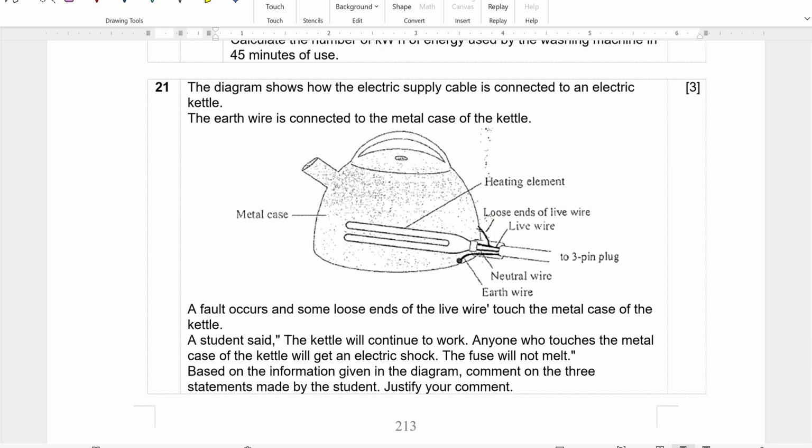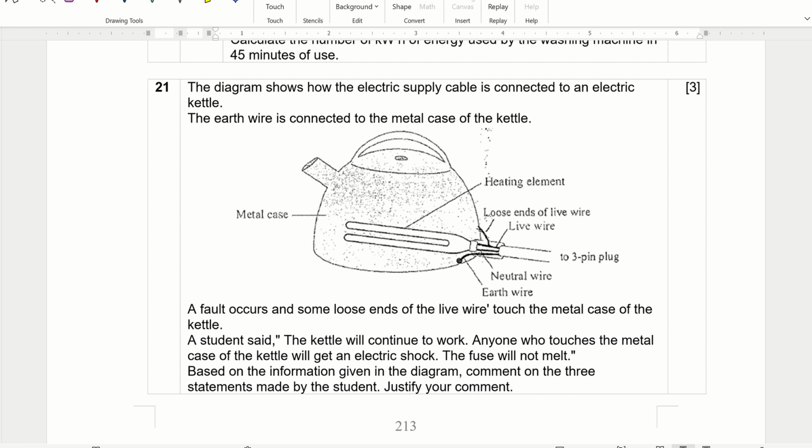Okay, yeah, just look at here. Now the diagram shows how the electric supply cable is connected to an electric kettle. The earth wire is connected to the metal casing. Okay, so this metal case has a proper normal earth wire.